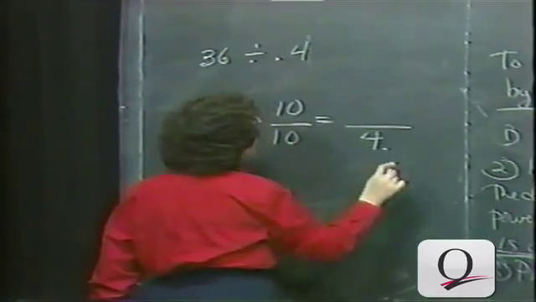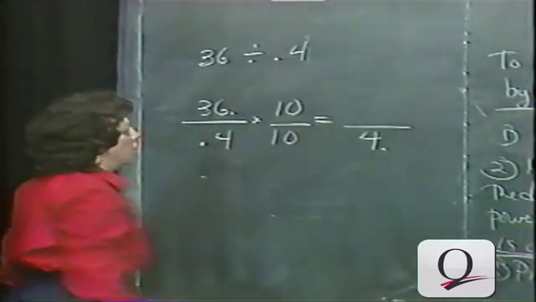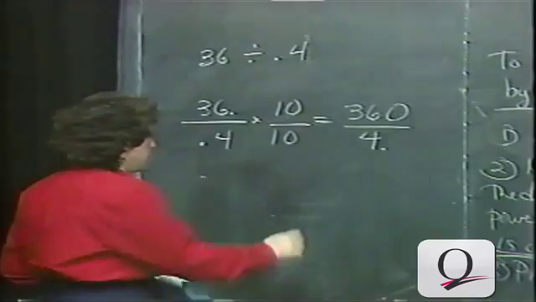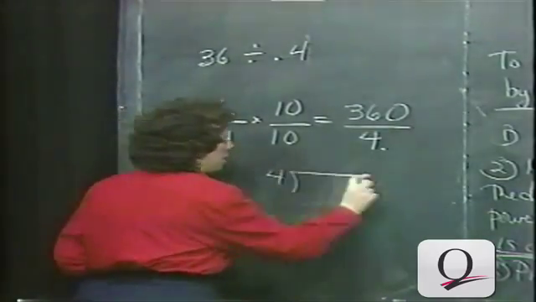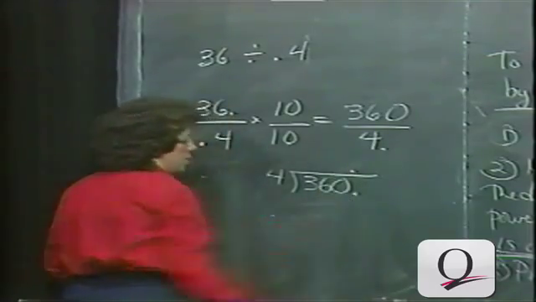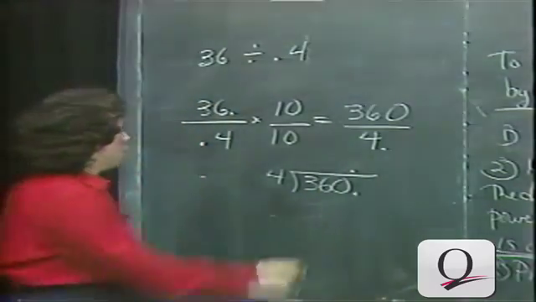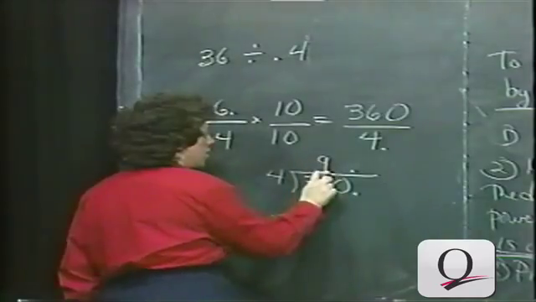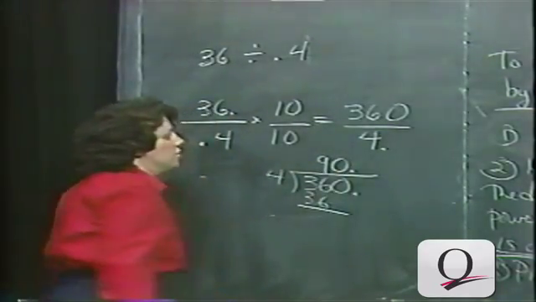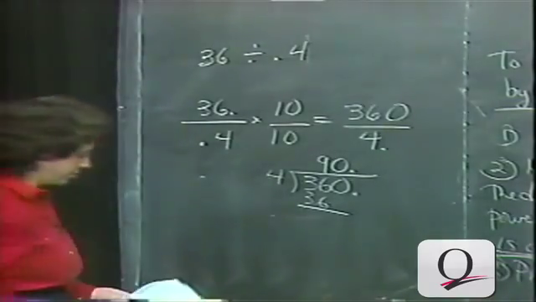That gives us 4. And here, 36 times 10 is, of course, 360. So now it's 360 divided by 4, putting the decimal point right over the decimal point in the dividend. 4 into 36 goes 9 times, 4 into 0 goes 0. The answer is, of course, 90.